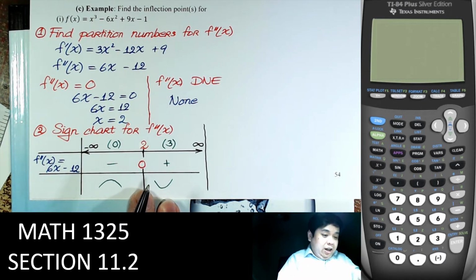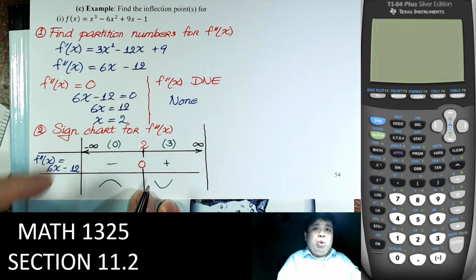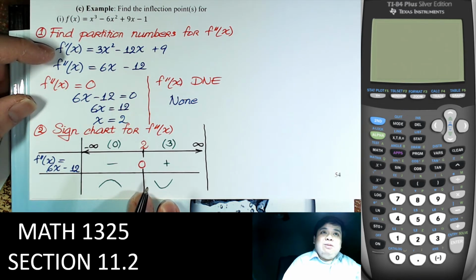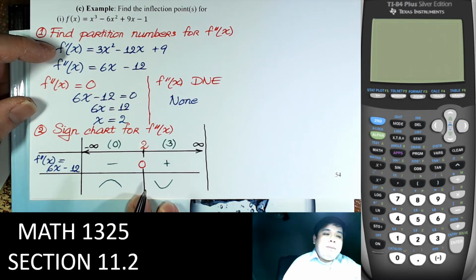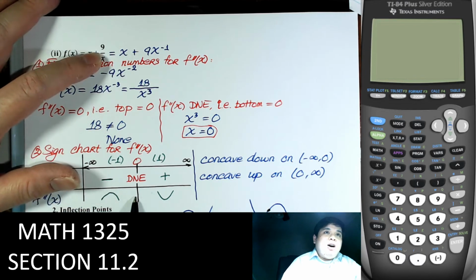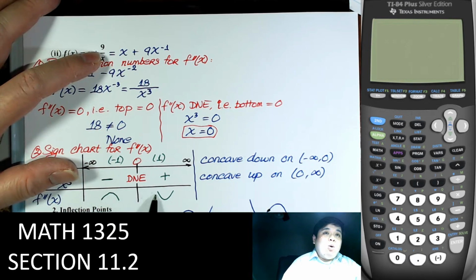If when we substitute in 2, the function does exist. If we put 2 in there and the function does not exist, then we really don't have the inflection point. Just like this, if we put in 0, it is undefined, so there's no inflection point, even though concavity changes.